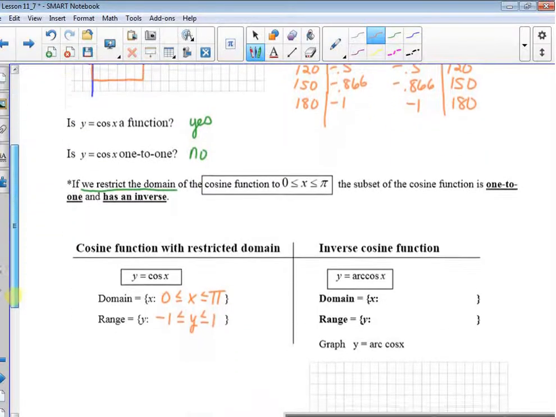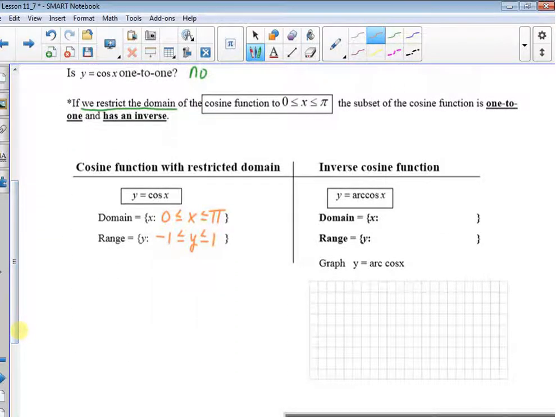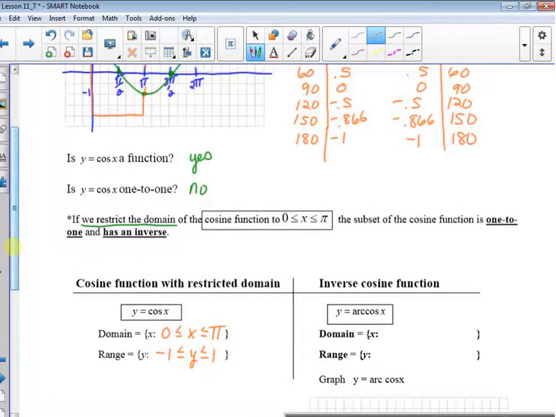Okay, so now let's go and graph those, and you can look at the domain. The x-coordinates for your inverse are going again from -1 to 1, and your range now is going from 0 to 180, or pi.